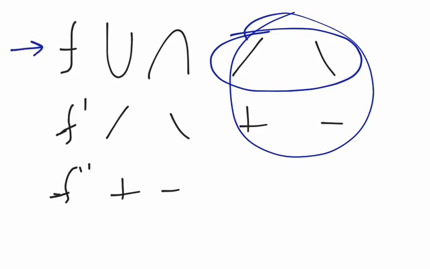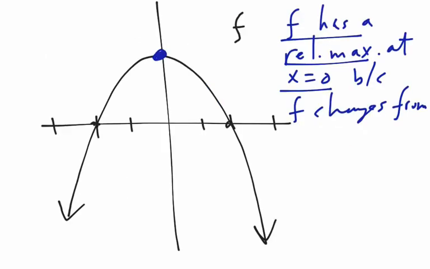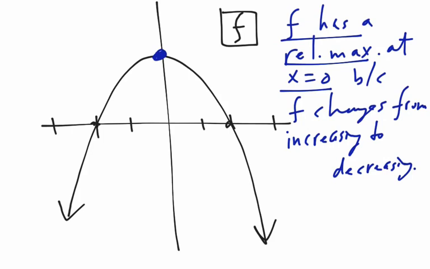If you're given the graph of f, all you say is that f changes from increasing to decreasing. So f has a relative max at x equals 0 because f changes from increasing to decreasing. Hooray!